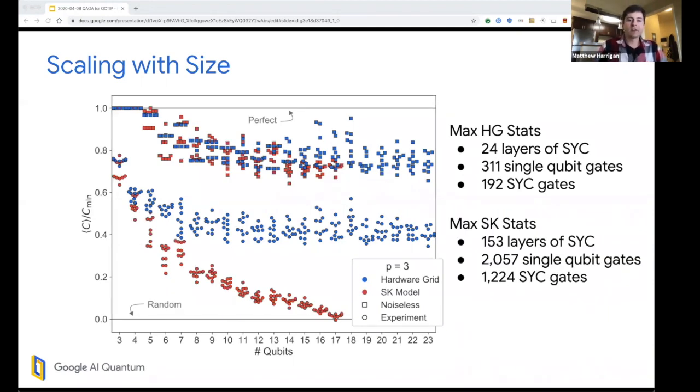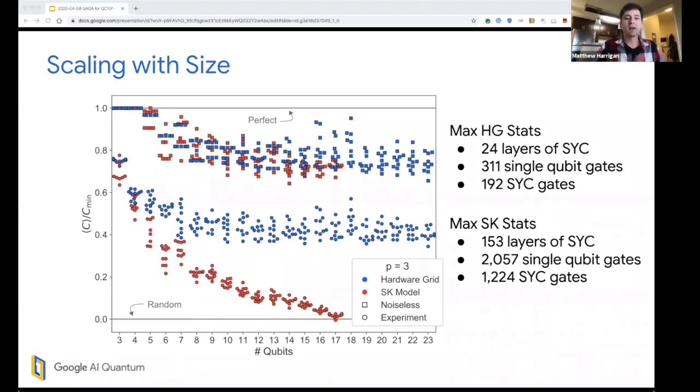There's a different story when you start looking at the fully connected Sherrington-Kirkpatrick model. Even at this relatively deep circuit, we're showing numeric and experimental data at p equals 3, which requires over 1,200 2-qubit gates for the largest 17 qubit problem.